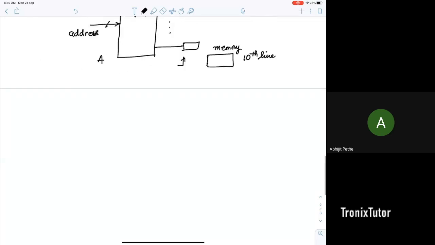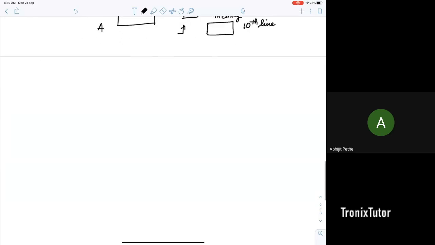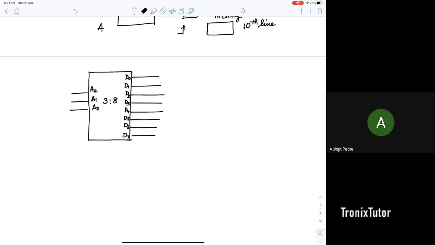So how would you implement this in circuit design? Let me ask you a simple question first. Let's think about a 3 to 8 decoder. Suppose I call the input term A. Dm goes high when A is equal to m.